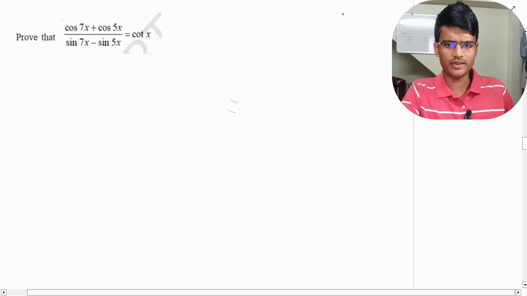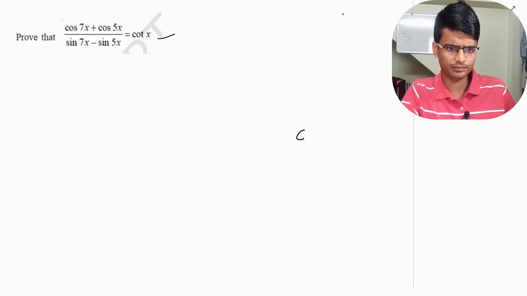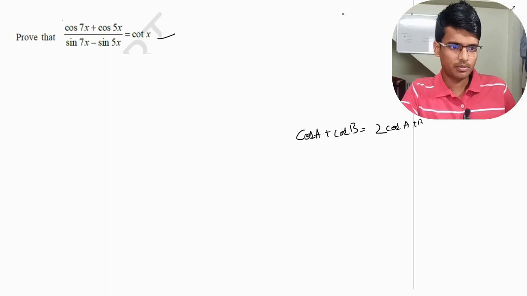Yeah, so this is a question we have got. We can apply that formula right here. It is in the form of cos a plus cos b divided by sin a minus sin b. Cos a plus cos b can be written as 2 cos (a plus b)/2 cos (a minus b)/2.